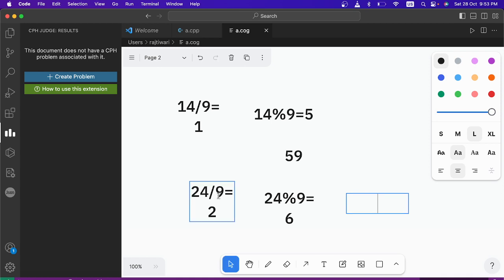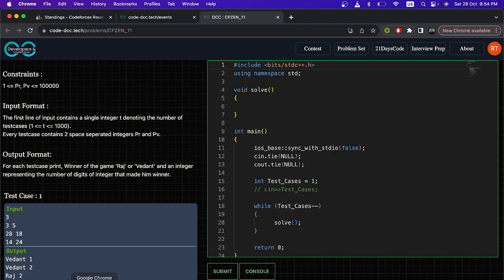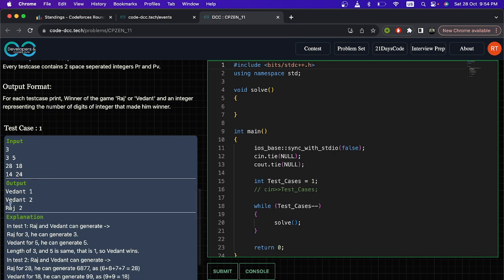Here the quotient is 2, so we put two 9s and then a 6, giving 699, whose sum of digits is 24. You can compare the lengths of both and see that the number with the sum of digits 14 is shorter. So Raj is the winner, because he can obtain the number with shorter length.